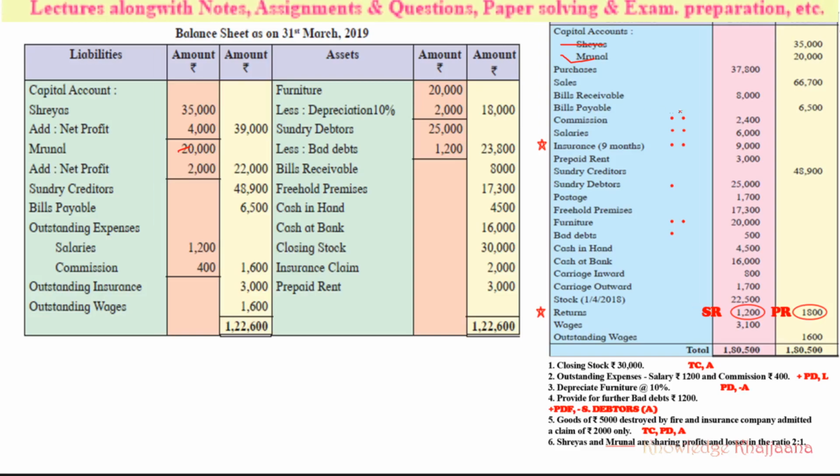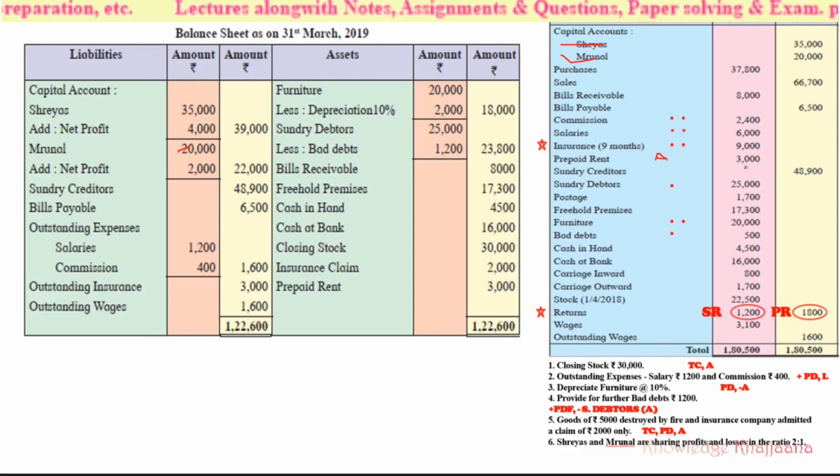Okay, bills payable liability rupees 6,500. Then insurance of 3 months was due, so outstanding insurance rupees 3,000. Okay, then prepaid rent was an asset, that we have to record over here.